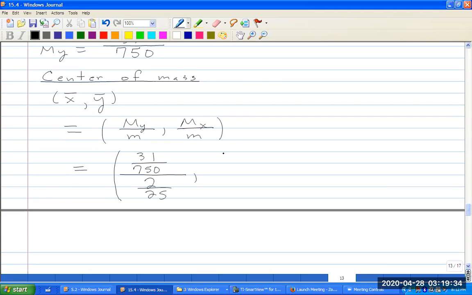Uh, 7 over 750 divided by the mass 2 over 25.